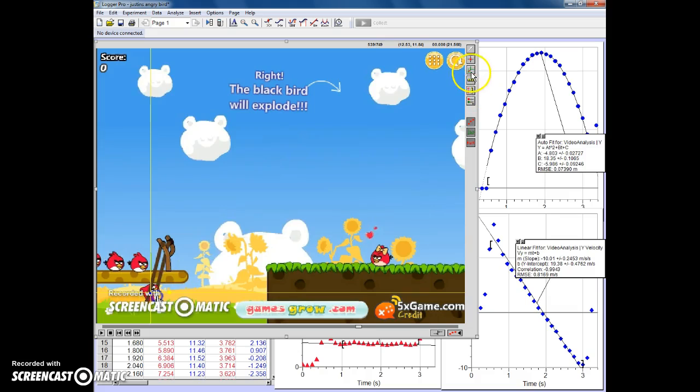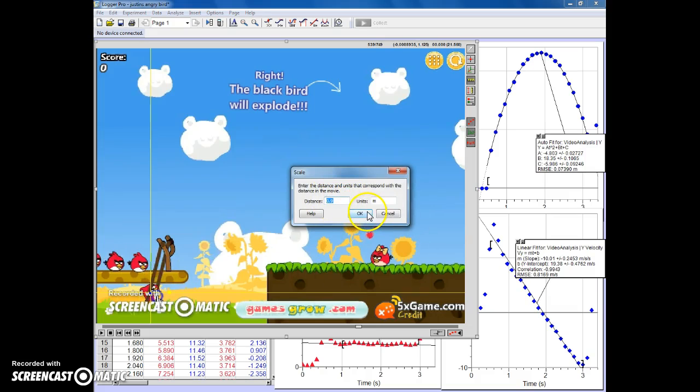What I did was use the ruler-looking item over here and draw it out, and I set it equal to 0.9 meters. Here, I'll do it for you right now. Can you see this green line? I set that equal to 0.9 meters.